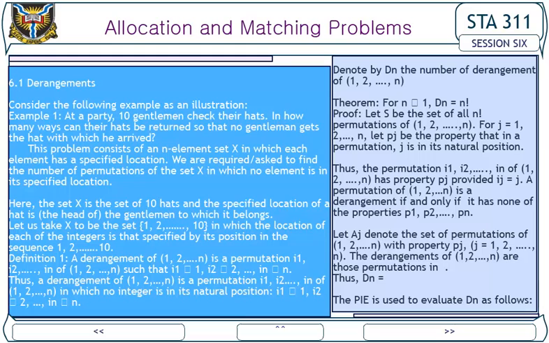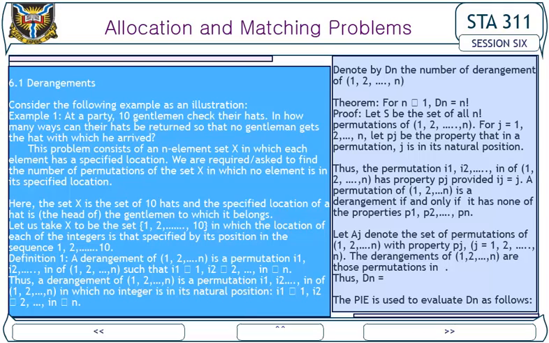Example 1. At a party, 10 gentlemen check their hats. In how many ways can their hats be returned so that no gentleman gets the hat with which he arrived? This problem consists of an n-element set X in which each element has a specified location.